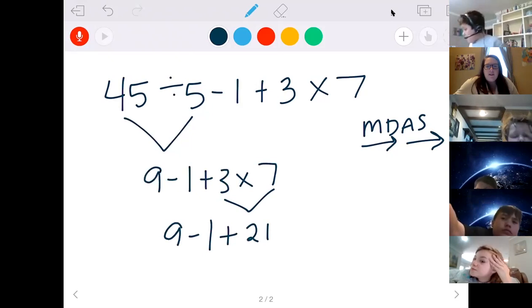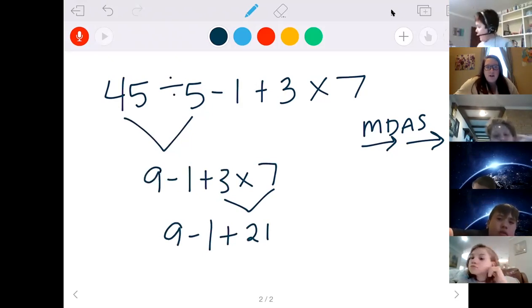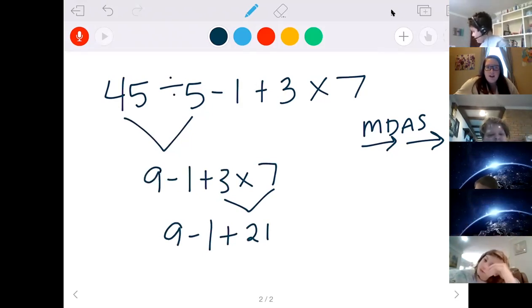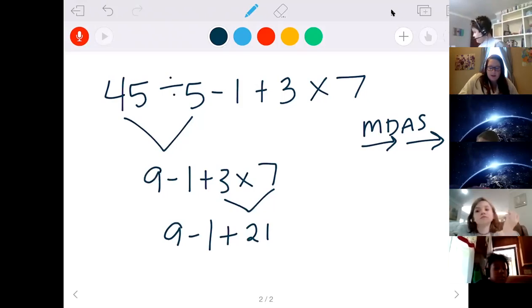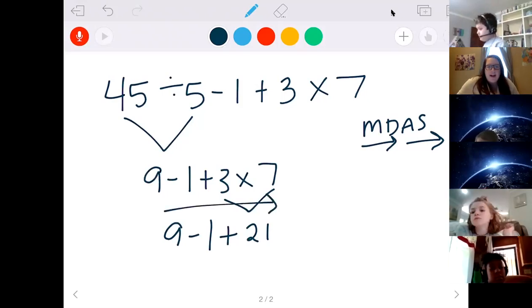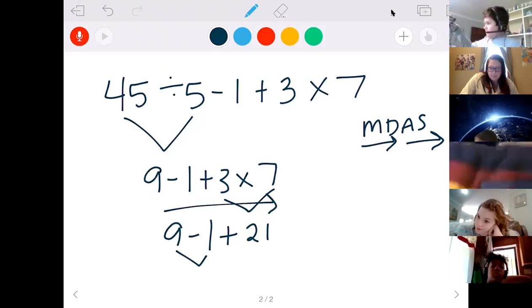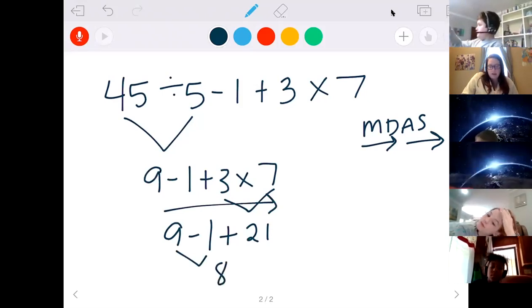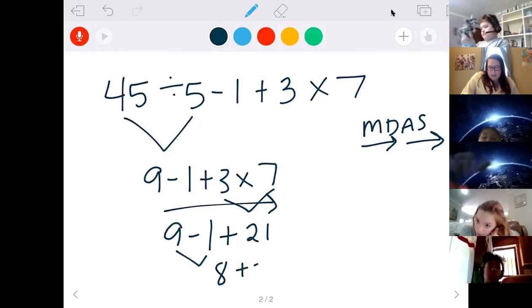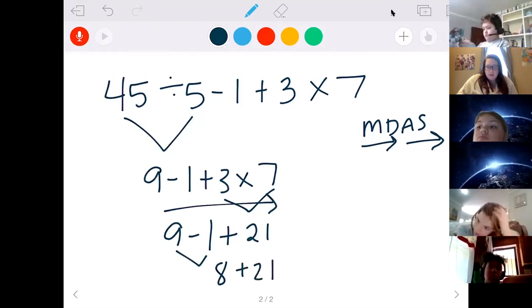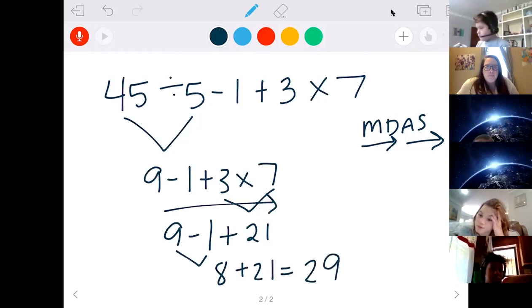Then I look and I've done all my multiplication and division. So I'm going to do addition and subtraction. And I'm going to do whichever one is going first, left to right. And the first thing I see is 9 minus 1. I know that that's 8. And then I drop down the plus 21. And 8 plus 21 is 29.